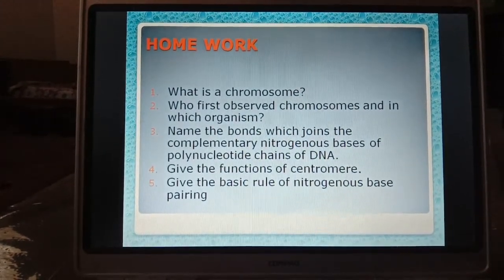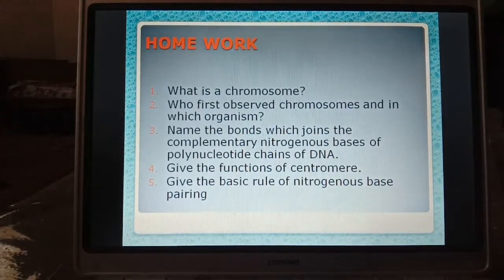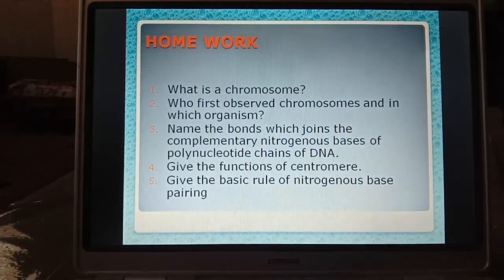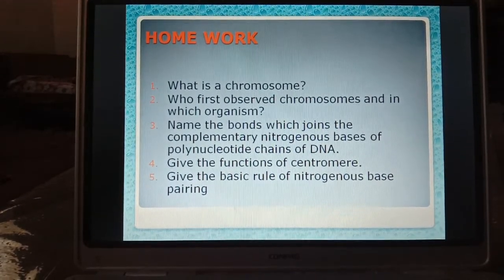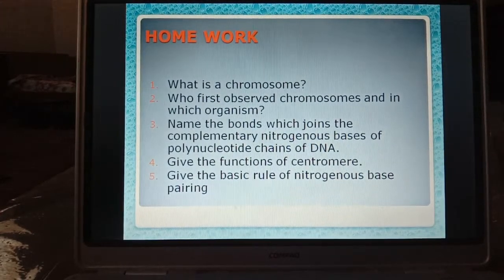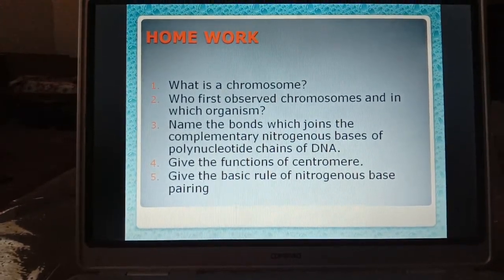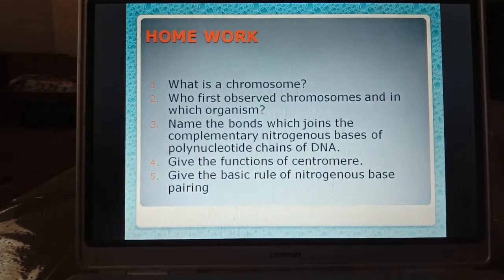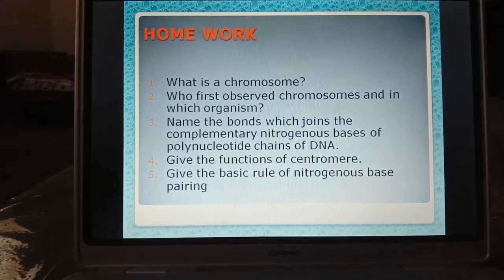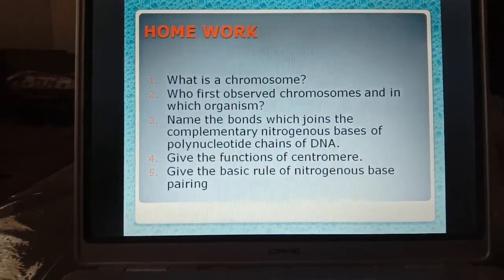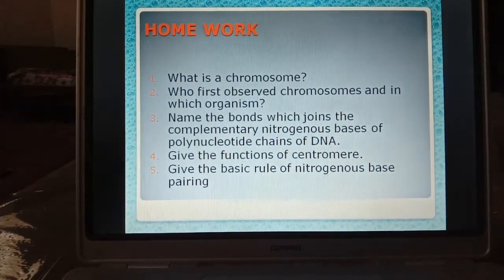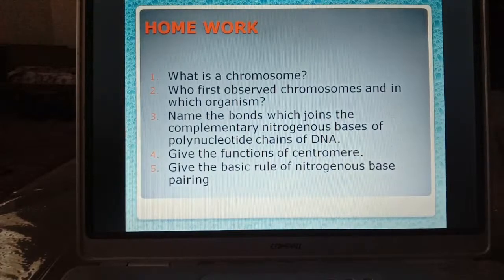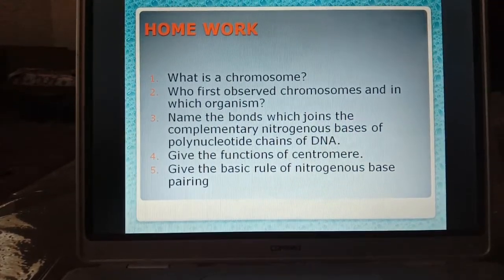First, what is a chromosome? Second question, who first observed chromosome and in which organism? I had shown you the organism also today. Third question, name the bonds which join the complementary nitrogenous bases of polynucleotide chains of DNA.